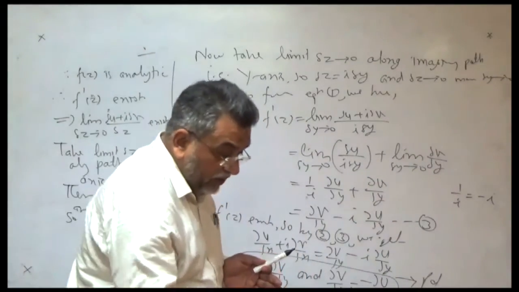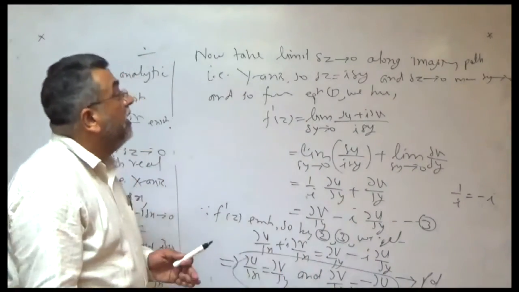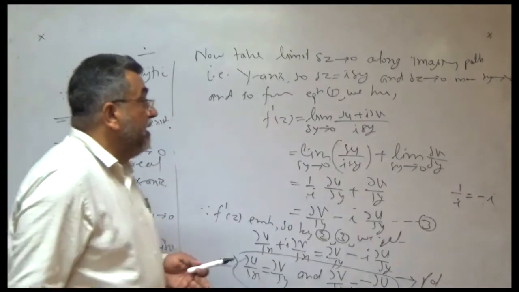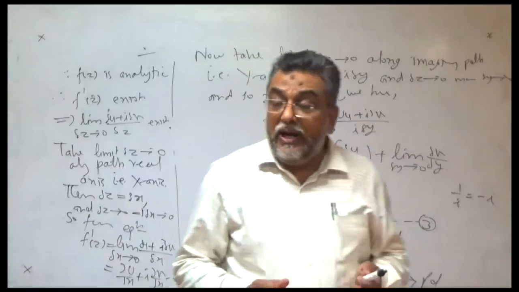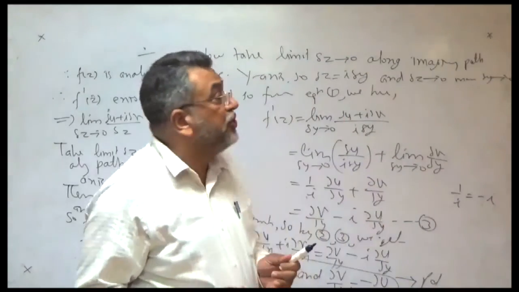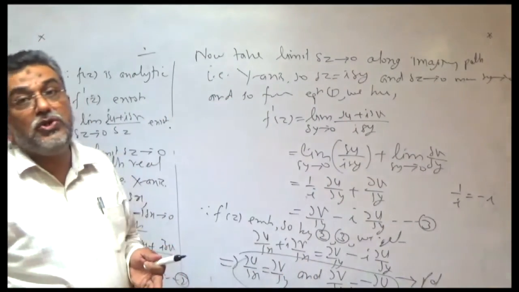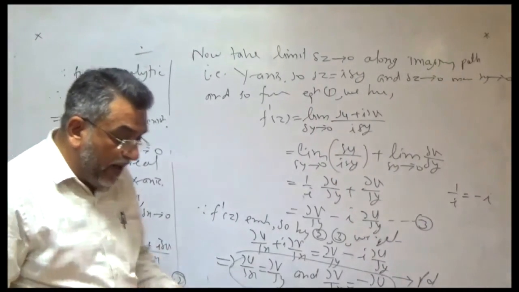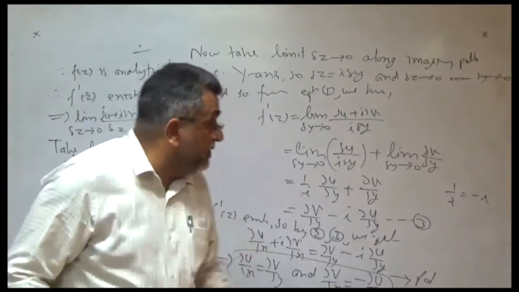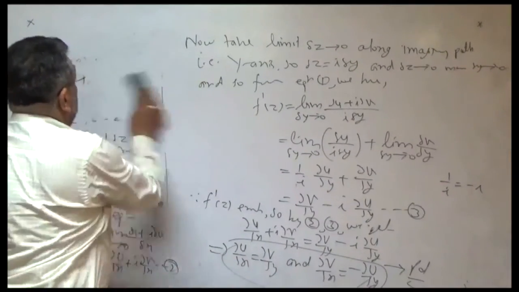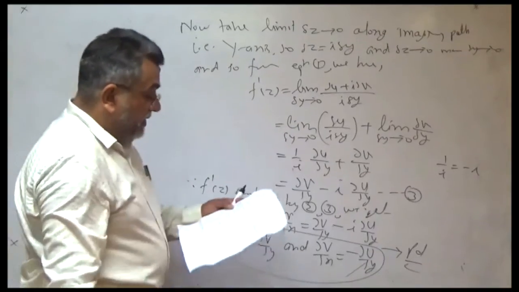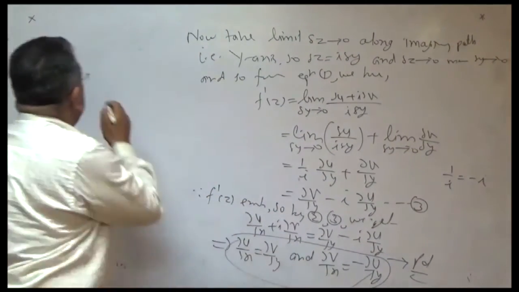Now, for the other part, you can explain how we can use these CR equations to check the analyticity of the given function. We can take numerical examples, because in a function, how can you check whether the given function is analytic or not. So we take a numerical example.